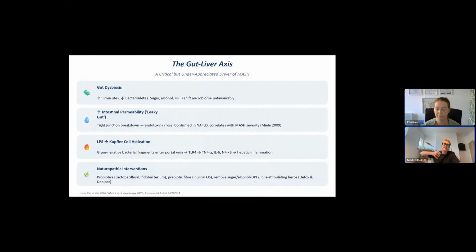Because remember that the first bypass will be the portal vein, which then takes the lipopolysaccharide directly to the liver.